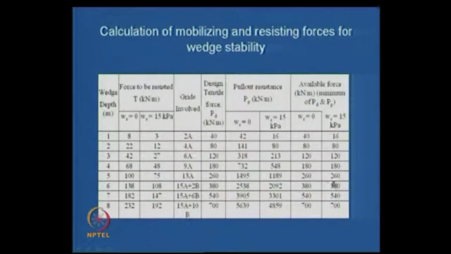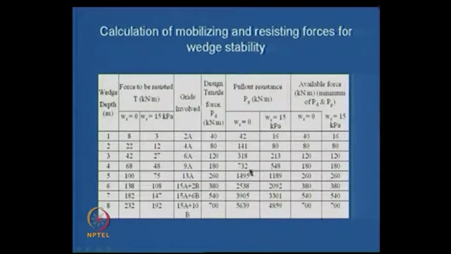So all these things we maintain, and see that this is now the minimum, this is what we have, and the design strength you compare actually, okay. So they have to be more than that, at any stage, like pull out resistance has to be higher.